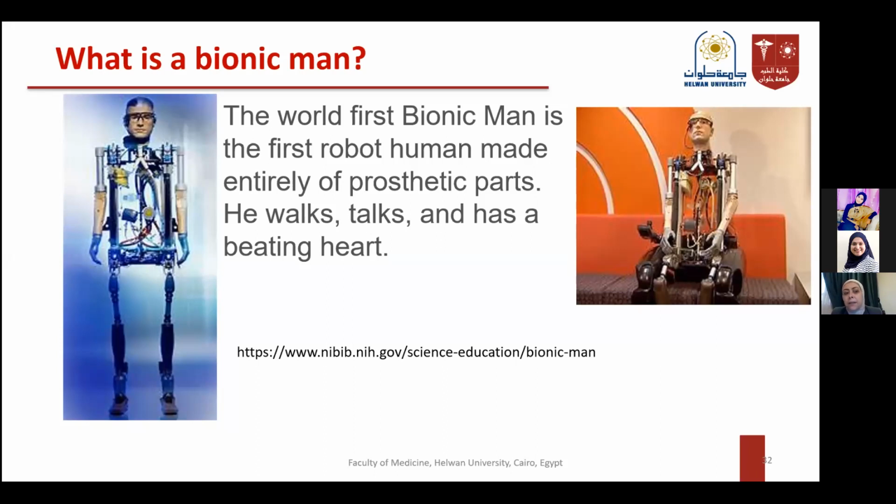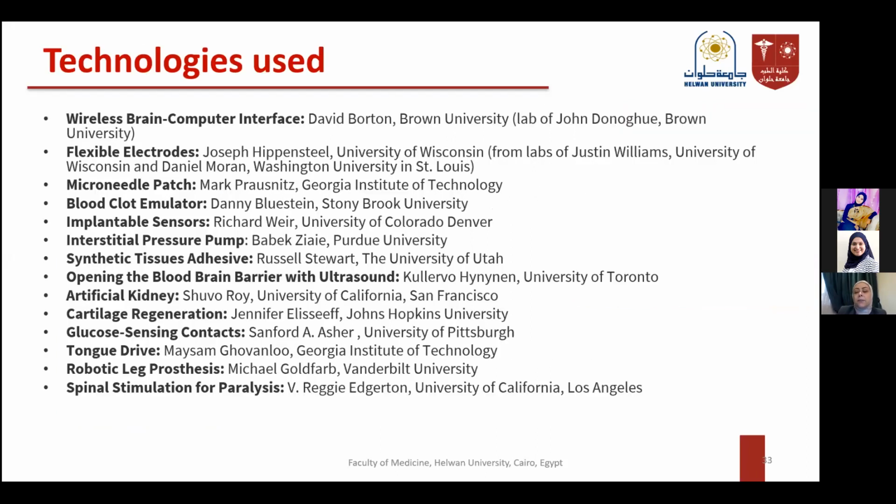But it does not have a stomach or intestine, okay? The only two organs that are not present in this Bionic Man are the stomach and the intestine. These are the technologies used in the Bionic Man, and these are the scientists that participated in creating this Bionic Man. It's very costly. It costs $1 million.